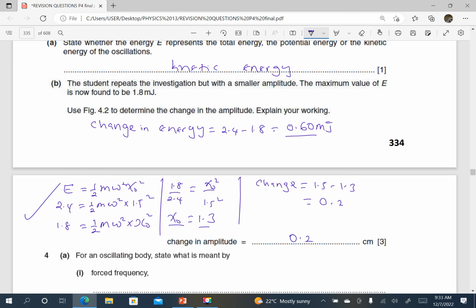So if you're not a mathematician, you can use that. But a non-mathematician can see that if maximum energy is directly proportional to amplitude squared, and yet we see that the change in energy is 0.60 millijoules, then using simple relations we can see that the new amplitude is going to be 1.3.